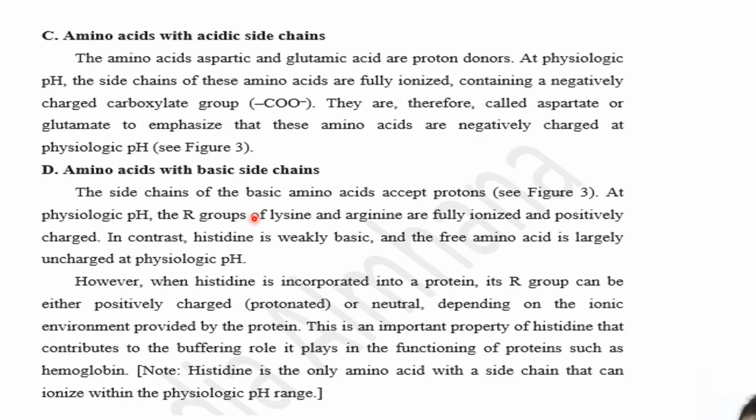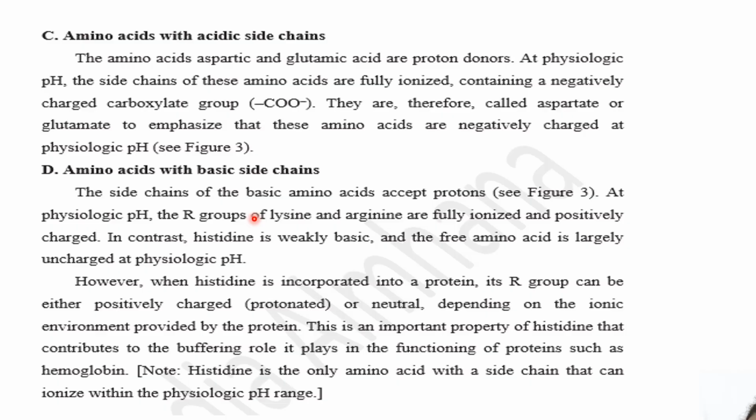Right? So at physiological pH, these exist mostly in the zwitterionic form, meaning the amino group is protonated and the carboxyl group is deprotonated. So the side chain determines if the overall amino acid has an overall positive, negative, or neutral charge. So aspartic acid side chain has a carboxylic acid group with a pKa of 3.9.